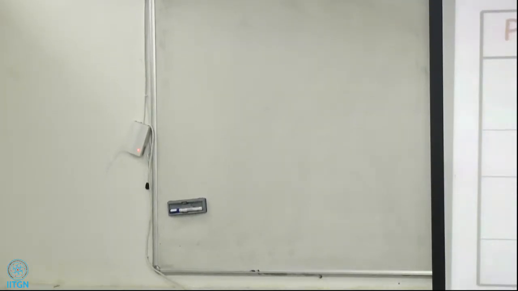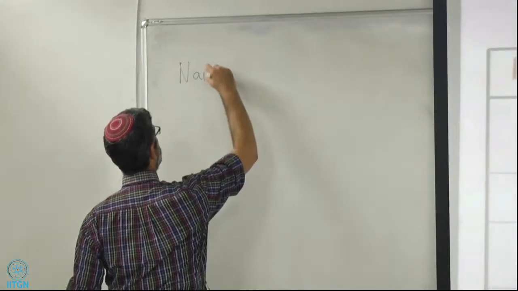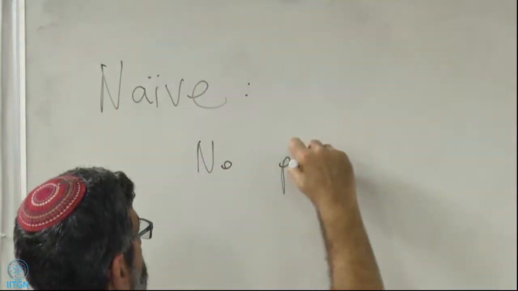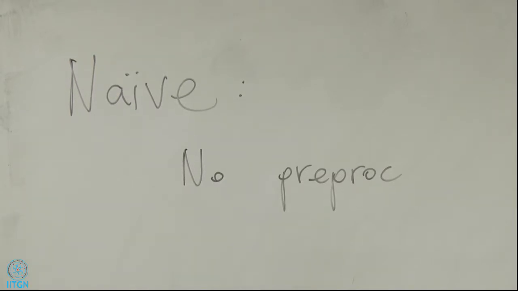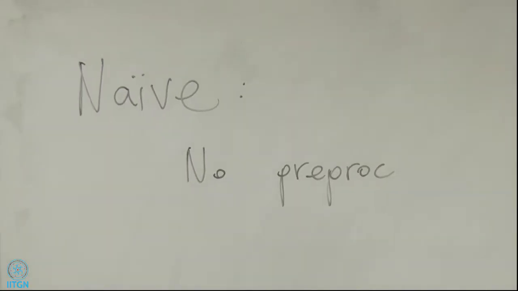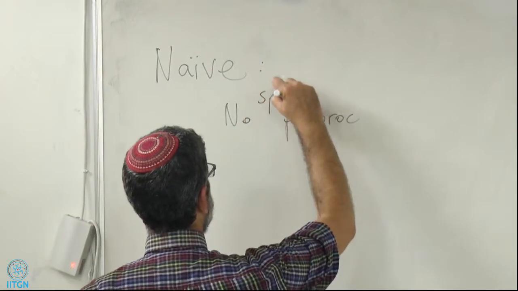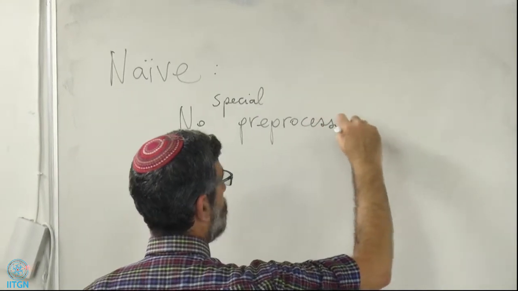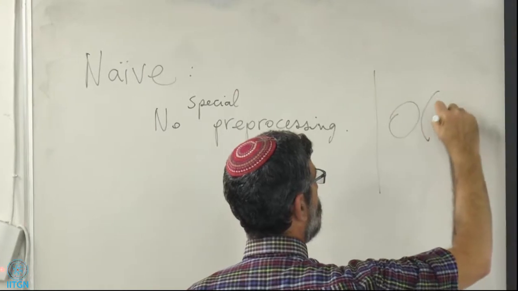No special preprocessing, because you'll need preprocessing for the LCA, but no special preprocessing, and O of d squared query.